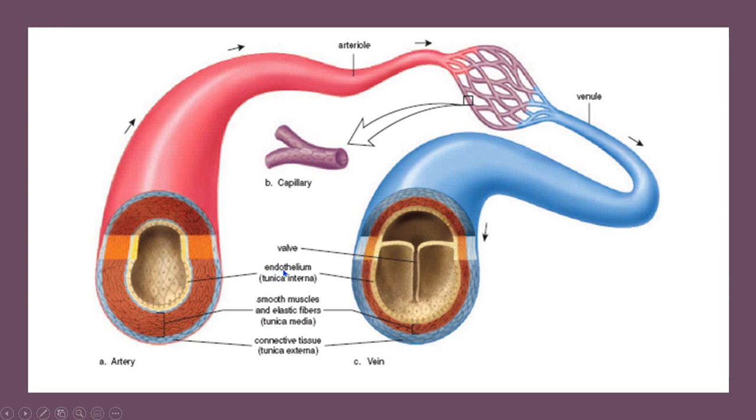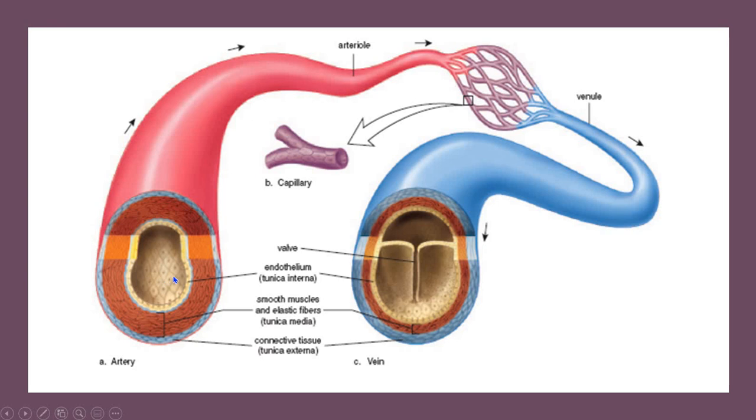And on the inside of both you have the endothelium, remember, which is not connective tissue, it's endothelial tissue, but it makes up basically membranes and things like the skin. So the inside of these blood vessels is very, very smooth.